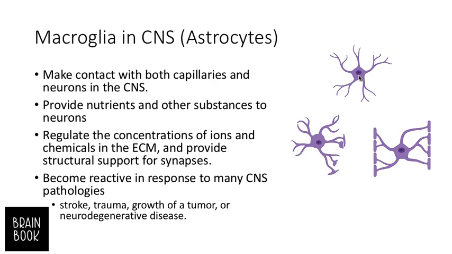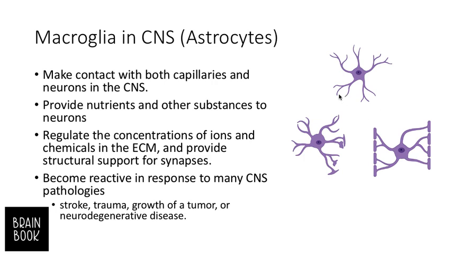They make contact with both capillaries and neurons in the central nervous system, and they also provide nutrients and other substances for neurons. In addition, they regulate the concentration of ions and chemicals in the extracellular matrix and provide structural support for synapses because they have different and multiple branches.